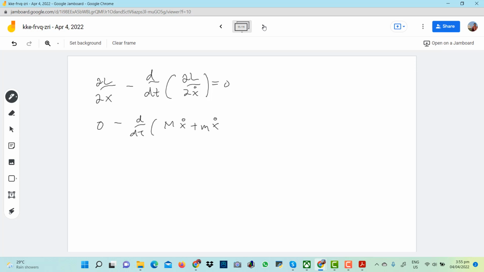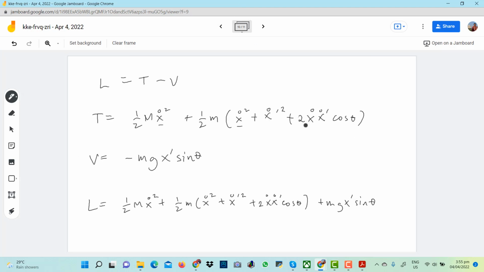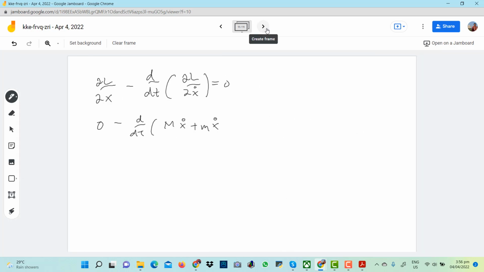And then 2 times one half is 1, so I have m x dot prime cosine of theta, plus m x dot prime cosine of theta, which is equal to 0.